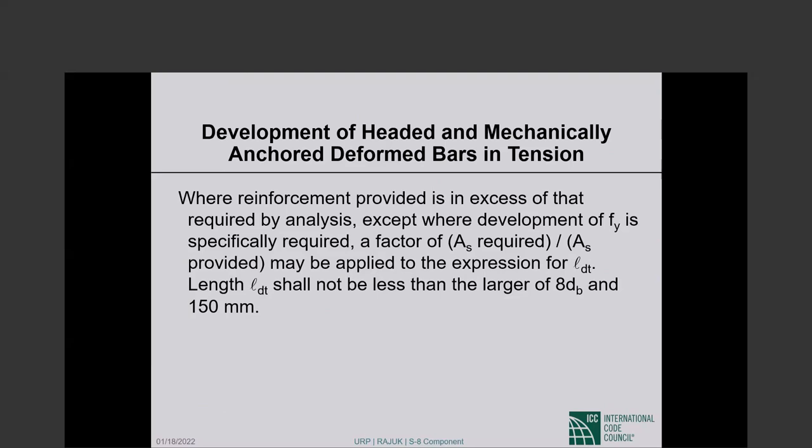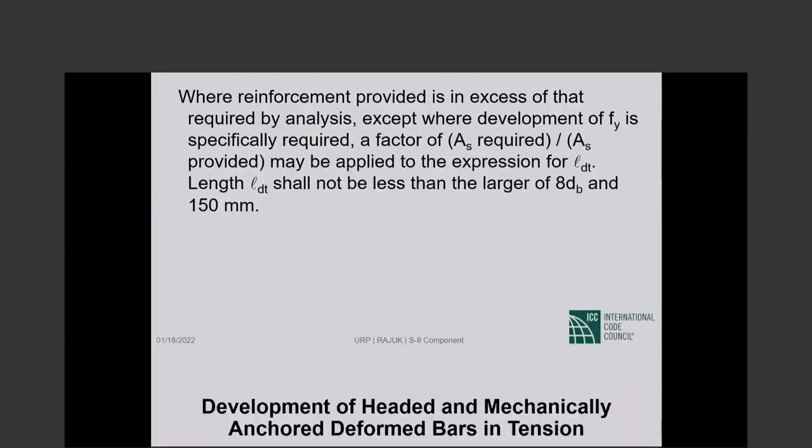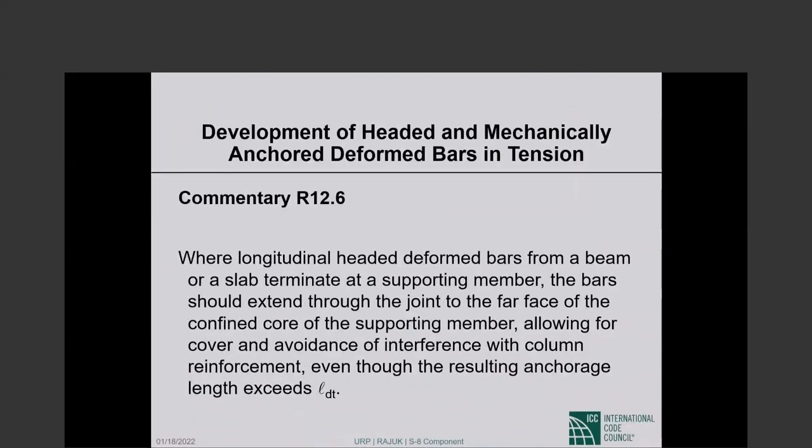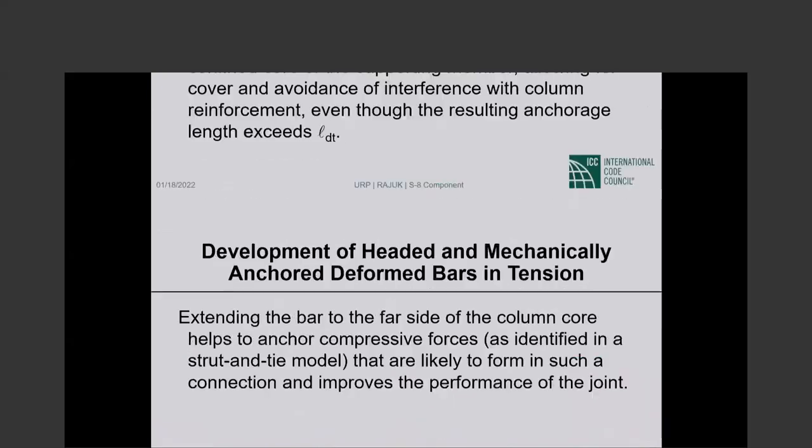Obviously, the stress that is transferred by bearing of the head on the concrete has nothing to do with this kind of reduction. It is only the stress that is transferred by development that might be a logical candidate for a reduction. So this reduction factor has been dropped subsequently. But again, you are on 318-08. I don't want to confuse you. This is what you will go by. Commentary on the reduction factor that I'll skip.